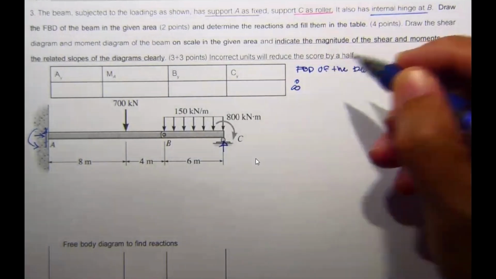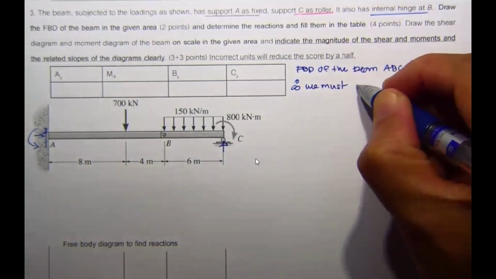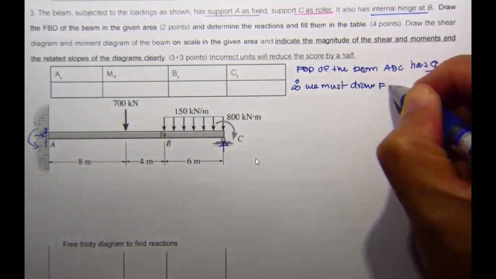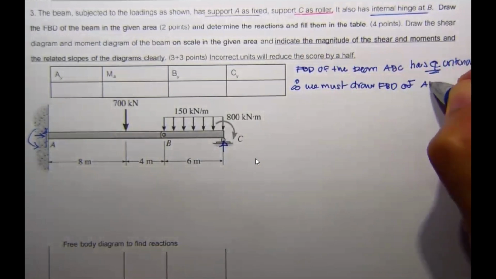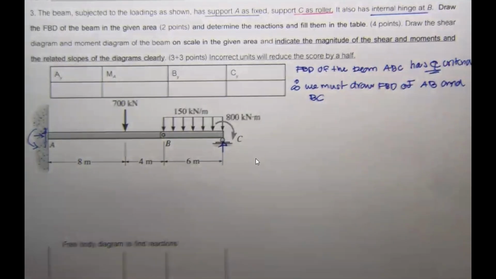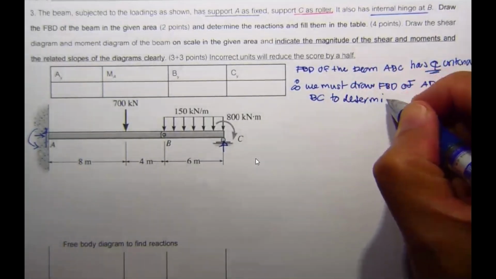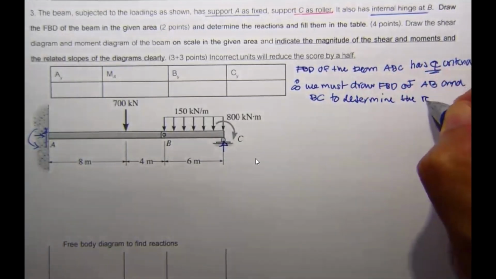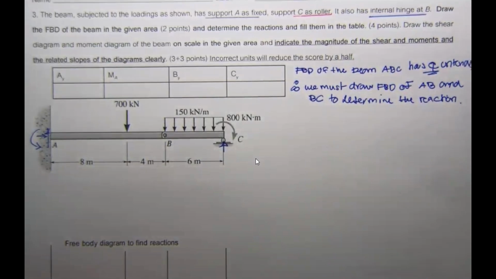So therefore we must draw the free body diagram of AB and BC to determine the reactions. That's going to be our first analysis step to show you the understanding for this kind of problem.